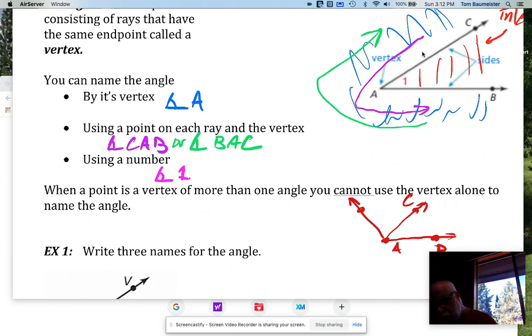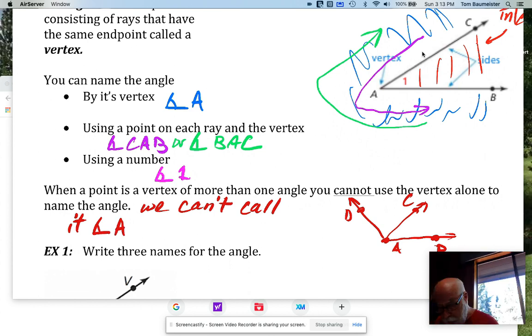Let's call this angle D. On this one right here, we can't call it angle A, because I wouldn't know which A you were talking about. Are you talking about this one right here, or this one here, which we used earlier? Both of them have the vertex A, but since there's two of them, I cannot call it angle A.